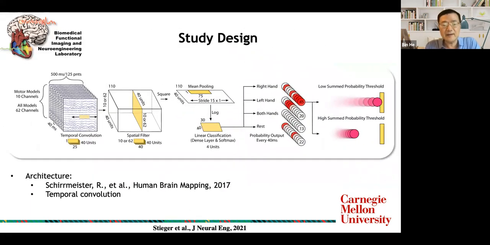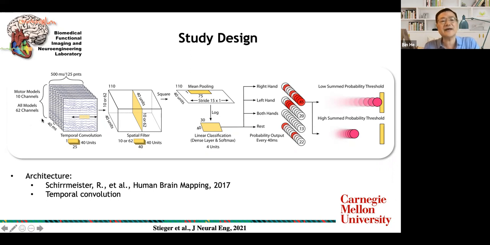So we adopted an artificial neural network deep learning architecture published 4 years ago by Schirrmeister and co-workers. In this particular network, temporal convolution and spatial filters were used.